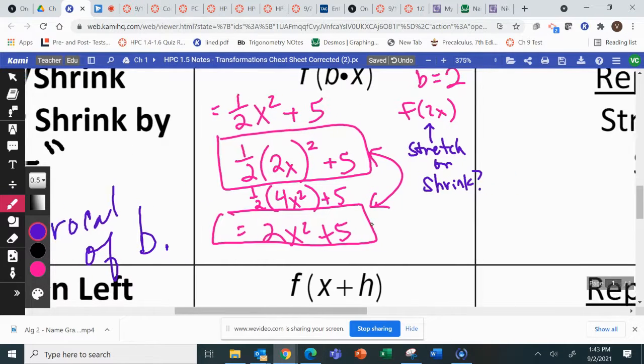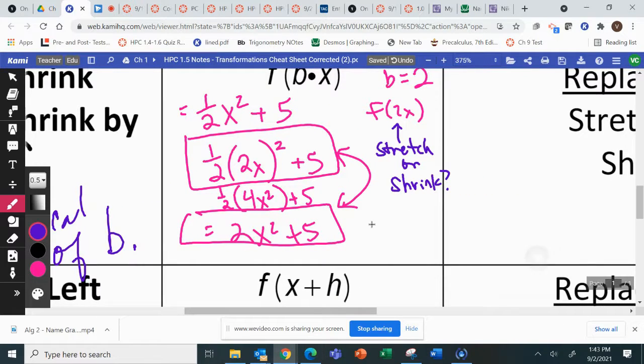So if b was 2, what's my factor going to be? So is that a stretch or a shrink? I did not hear that answer. That is a shrink. So the number that goes in the equation is opposite of what actually is happening on the graph.